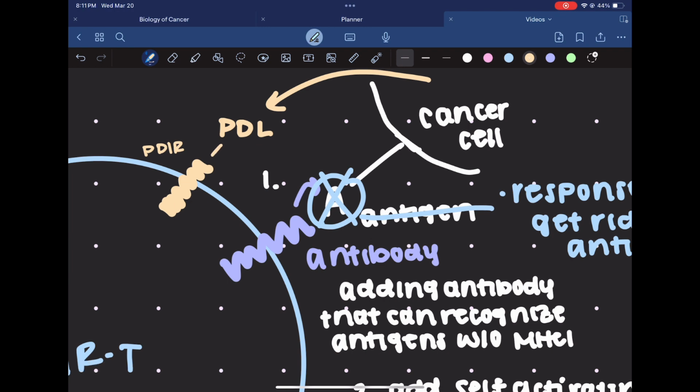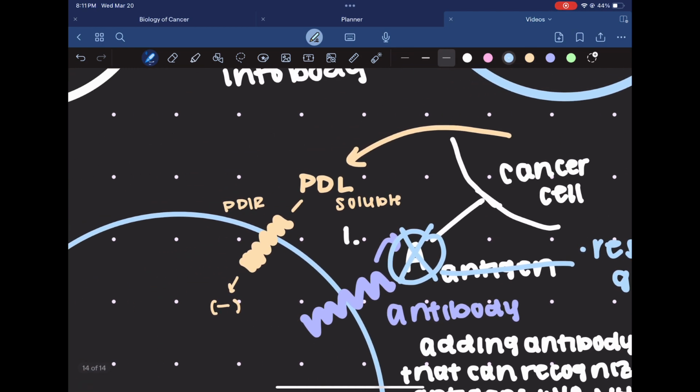Normally, this ligand is present on the cell surface. In this case, we're going to be secreting soluble ligand, and it'll be binding to the PD-1 receptor and leading to this kind of inhibitory signaling inside the cell that's going to be downregulating the activity of these CAR T cells. That's going to be kind of response 2.